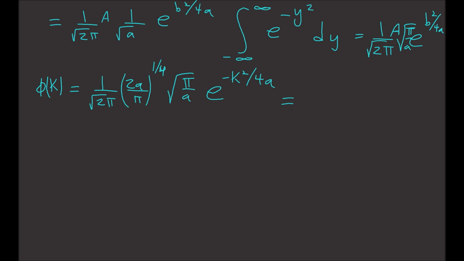Simplifying a little bit further, we have 1 divided by 2 pi a to the 1/4 times e to the minus k squared over 4a. So this is our phi of k.